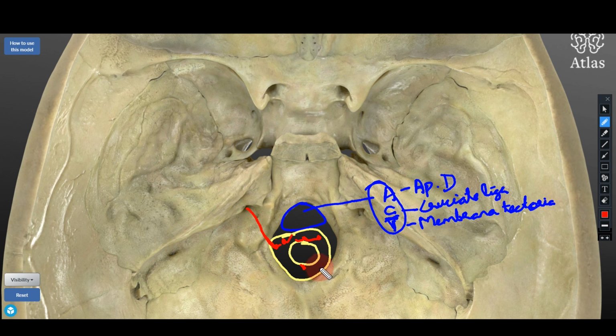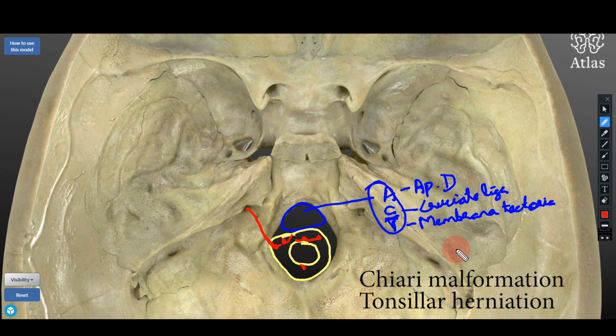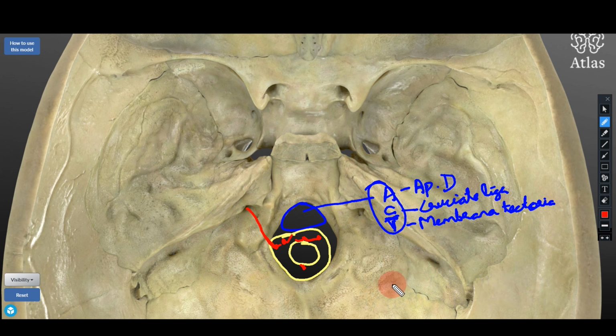Tonsils descending down through the foramen magnum is a feature of Chiari malformation, and it is also seen in tonsillar herniation, which is a grave condition, a herniation syndrome when intracranial pressure is increased. In normal anatomy, the cerebellar tonsil is not a content of the foramen magnum.